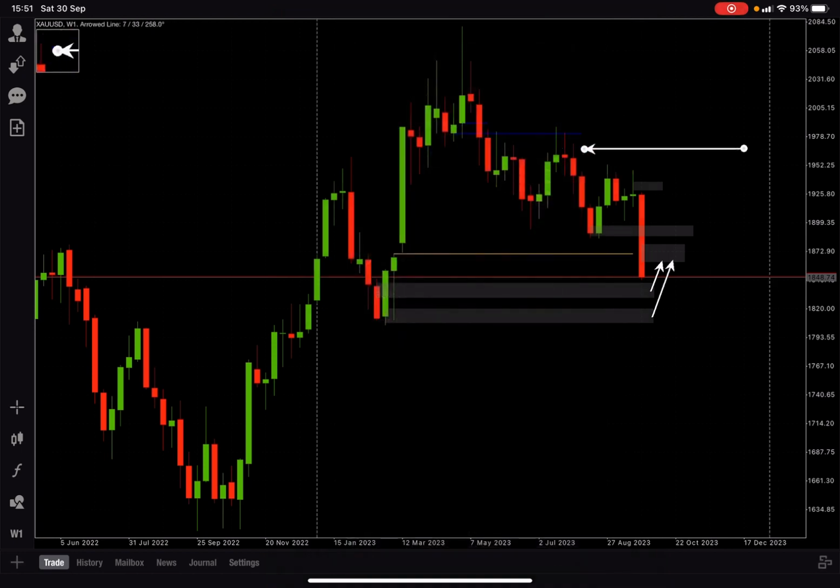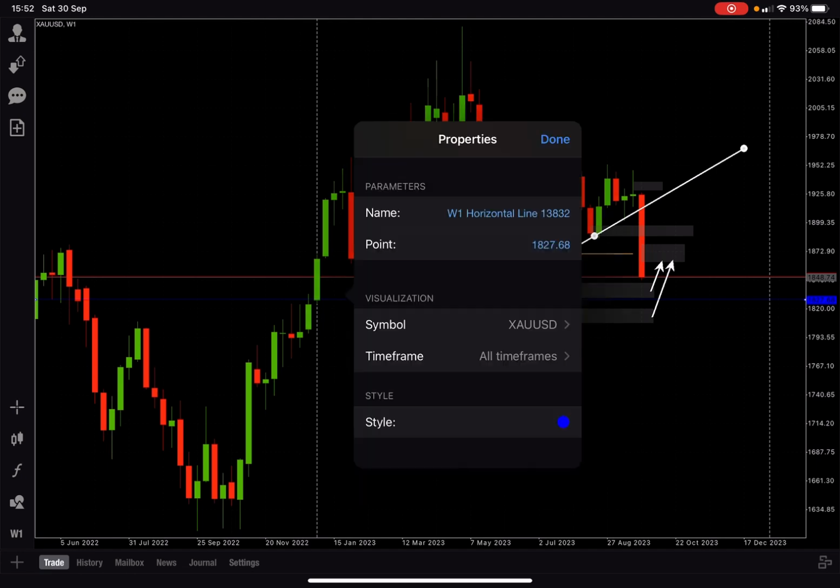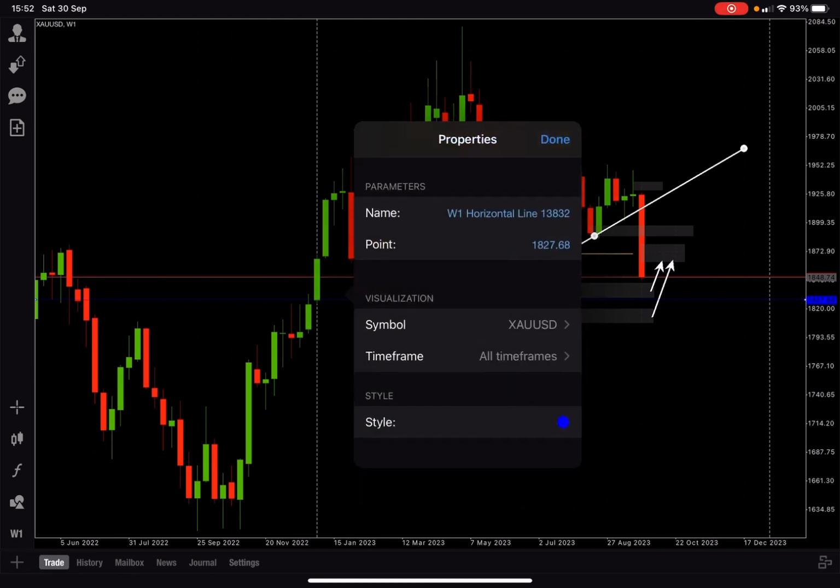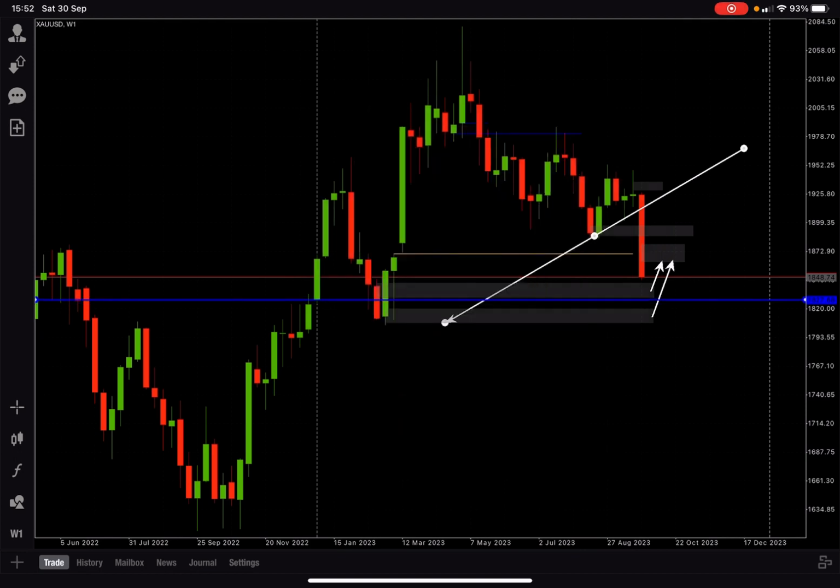When you go to the weekly time frame, you can see what's happening. So this period from here to here is a whole year. You can see we're coming up to the yearly opening price. That's also within that bullish area we are currently coming down to. So we have a lot of bullish support in this area. So I'm going to just change that to white and make it a bit thicker. And you can see, I'll leave that like that then. So that is at 1827.